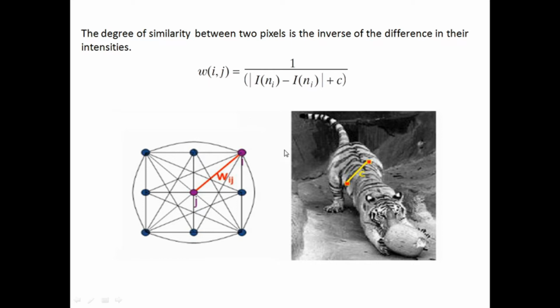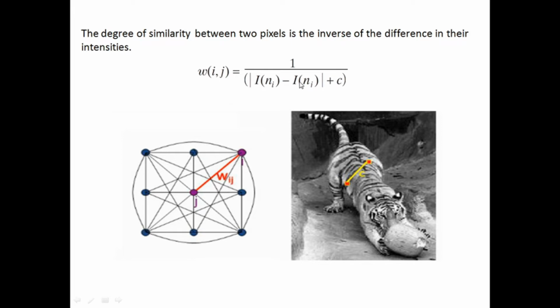W of i comma j, because this is my ith pixel and this is my jth pixel, is nothing but 1 by I of ni minus I of nj plus some c. Here I of ni and I of nj are the intensities of the two vertices, or two nodes, or two pixels, and c is some constant. So that is the weight.